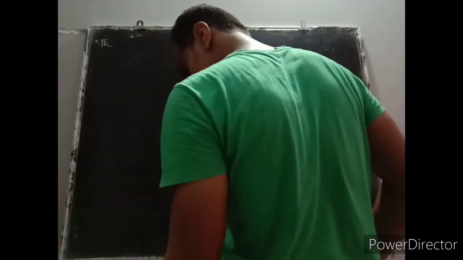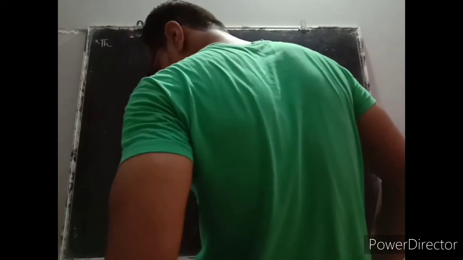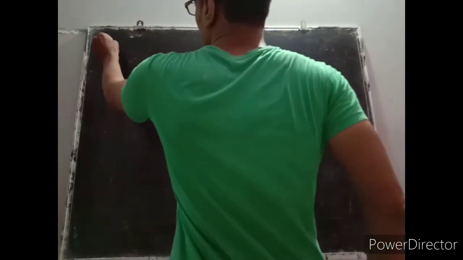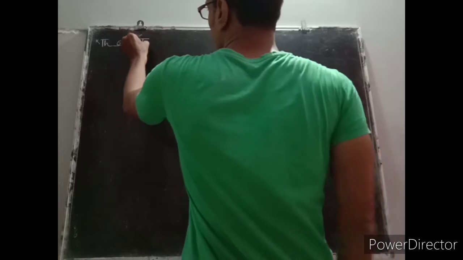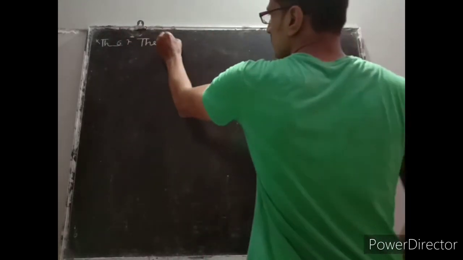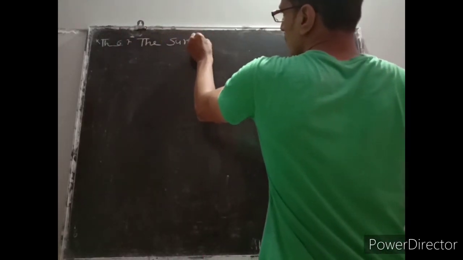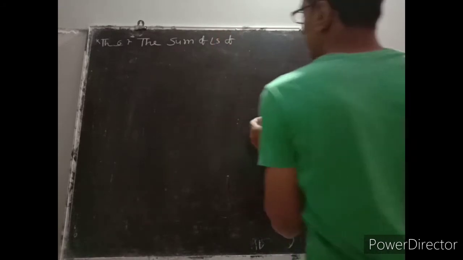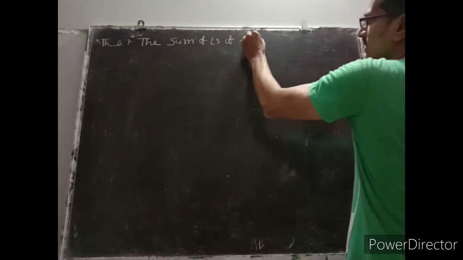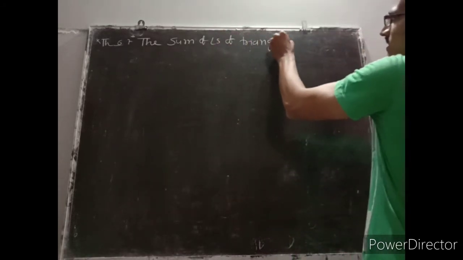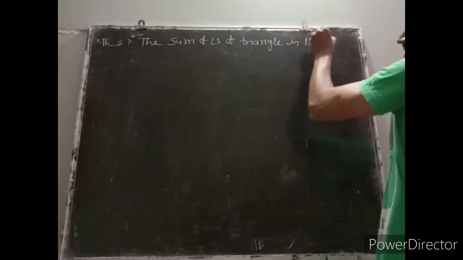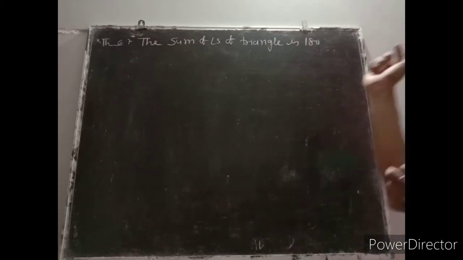It is theorem number 6.7. The sum of the angles of a triangle is 180 degrees.